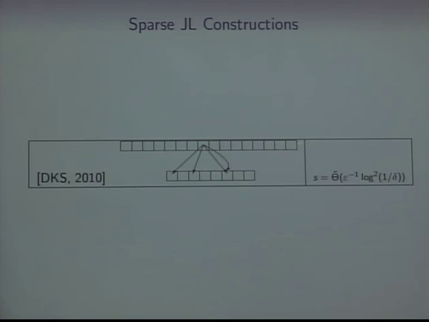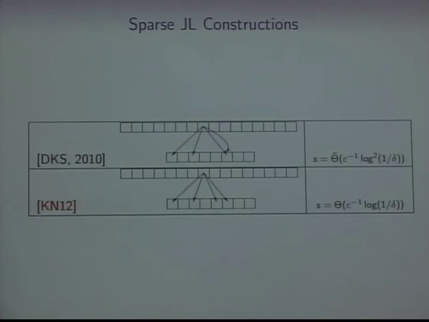Here there are n buckets, n is the original dimension, and here there are m buckets, the target dimension. What their mapping looks like is, for each coordinate, you just randomly hash it to s places, where s is the sparsity, with replacement. And when you add it to a bucket, you first pre-multiply by a random sign before you add it. Okay? That's their mapping.